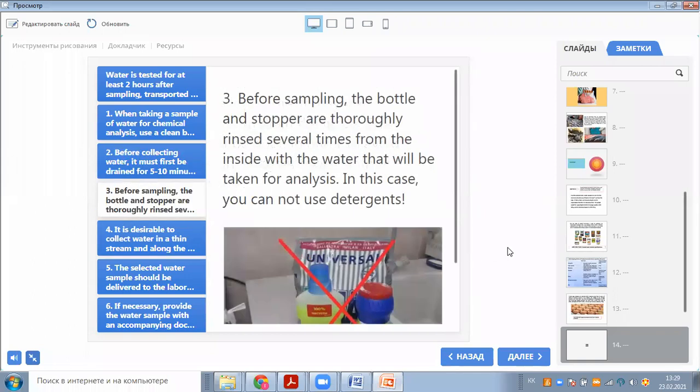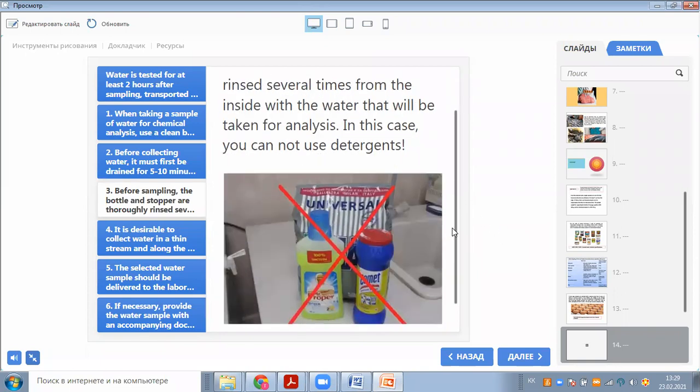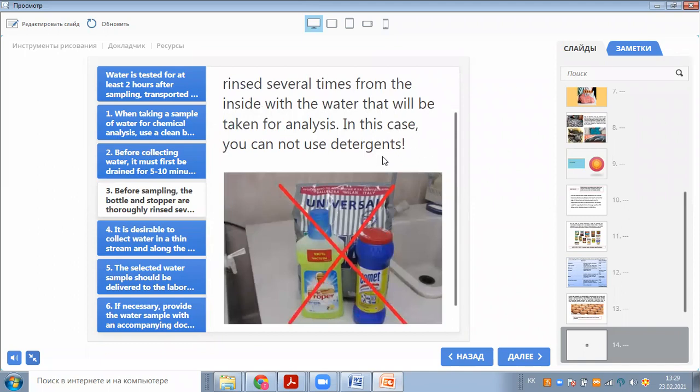Next rule: before sampling, the bottle and the stopper are thoroughly rinsed several times from the inside with the water that will be taken for analysis. In this case, you cannot use detergents, like in this picture.